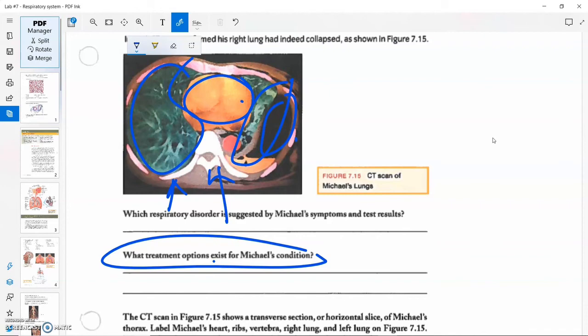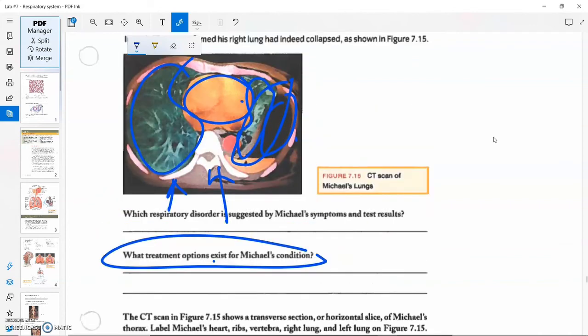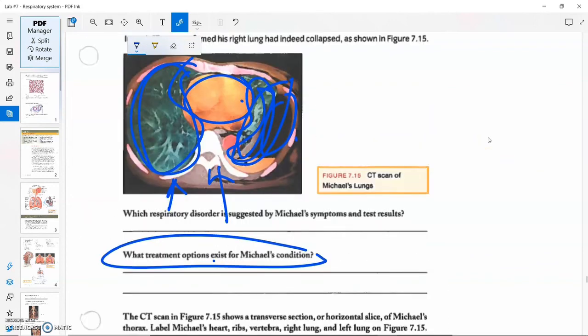That's going to be the left lung, I'm sorry, that's going to be the right lung. Oh, that's an inferior view, sorry. So that is Michael's right lung, and that is Michael's left lung. Landmarks help distinguish the left and right side of the body: vertebrae in the back, and the heart being shifted to the left.